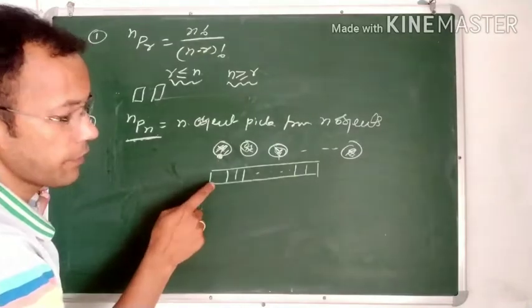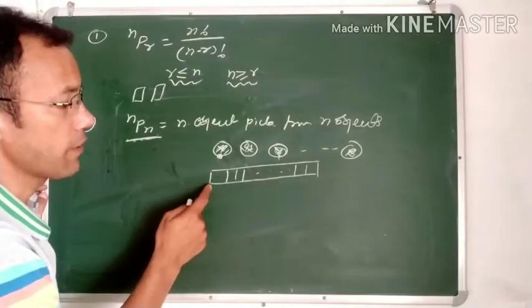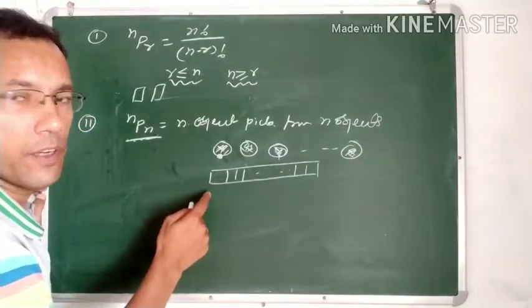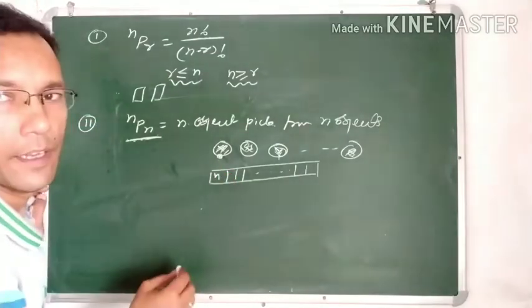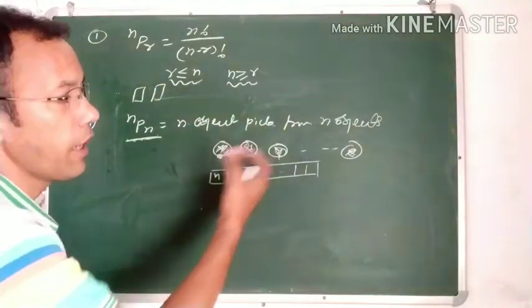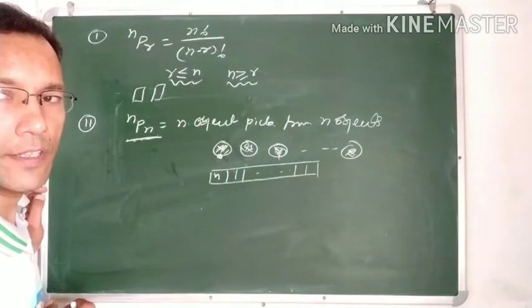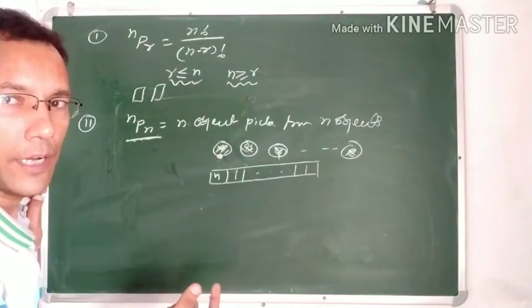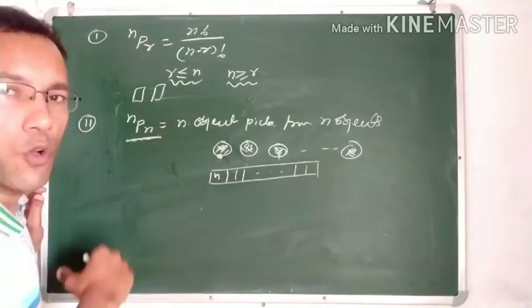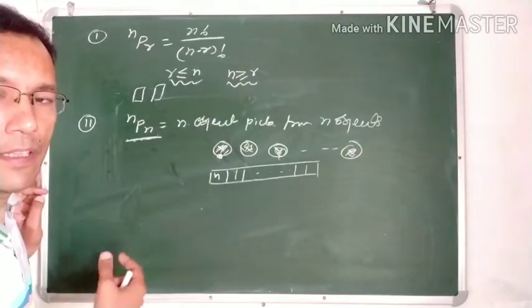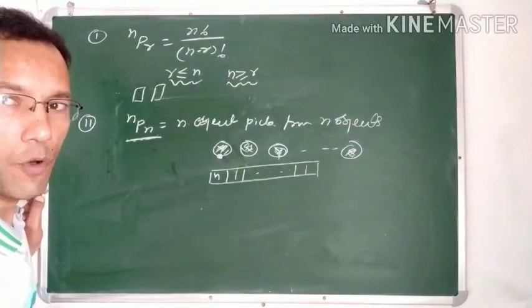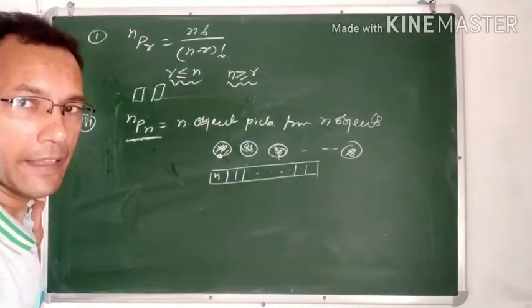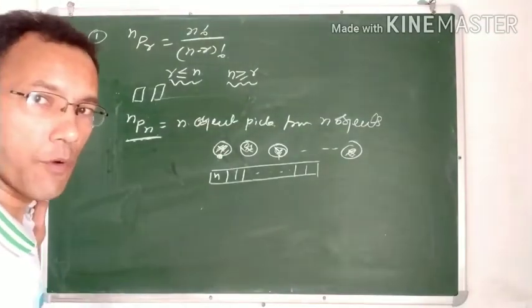The first box could be filled in n number of ways. Now if one has been picked and repetition is not allowed, that means if I have picked one chocolate, I cannot pick the same chocolate from that box, because that chocolate is not in the box now.